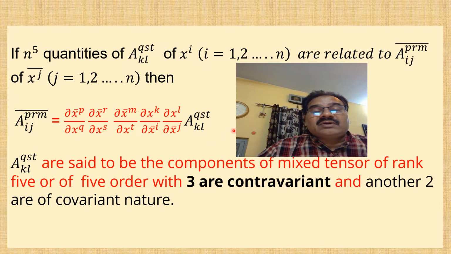And here of course A^{qst}_{kl} are said to be the components of a mixed tensor of rank 5, with both superscript and subscript, of order 5, where 3 are contravariant and 2 are covariant in nature.